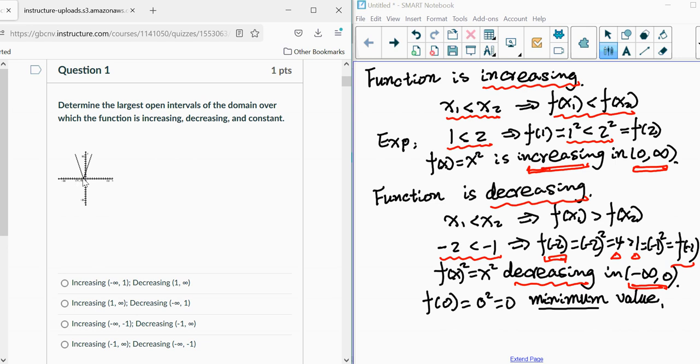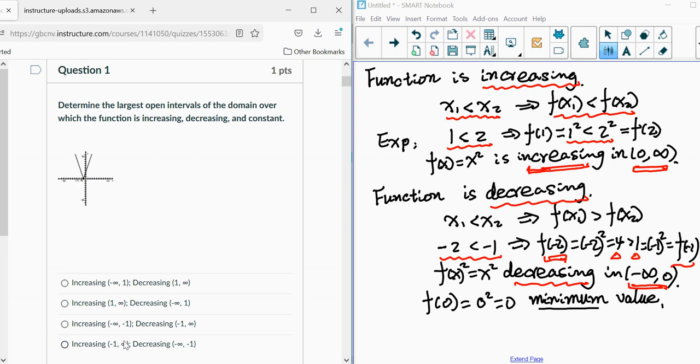And what is the decreasing part? The decreasing part will be from -infinity to -1. This sounds right.